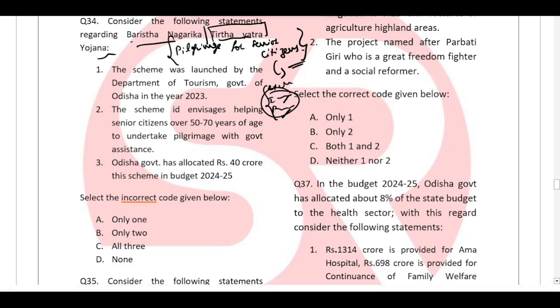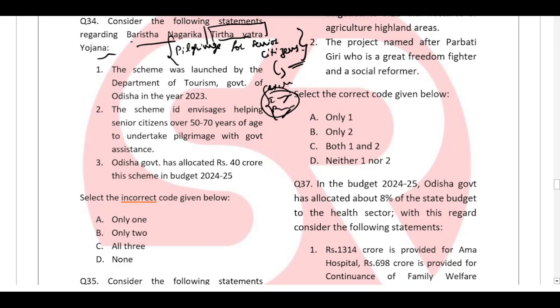The scheme was launched by the Department of Tourism, Government of Odisha in the year 2023. The scheme is envisaging to help senior citizens over 50 to 70 years of age to undertake the pilgrimage with government assistance. Government has allocated 40 crore to this scheme in the budget 2024-25.